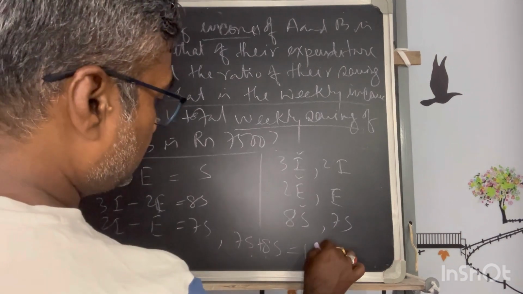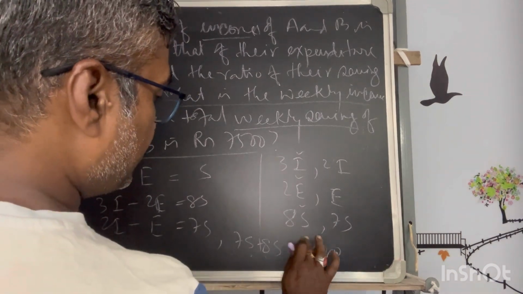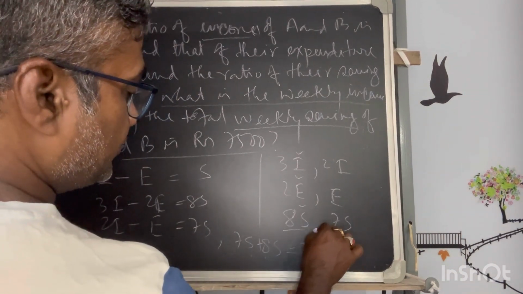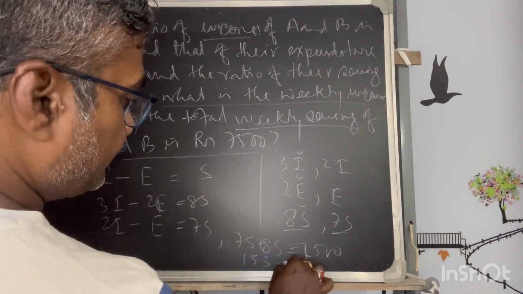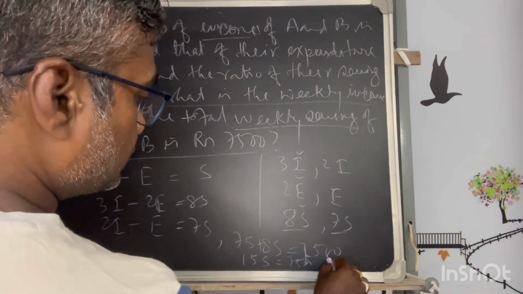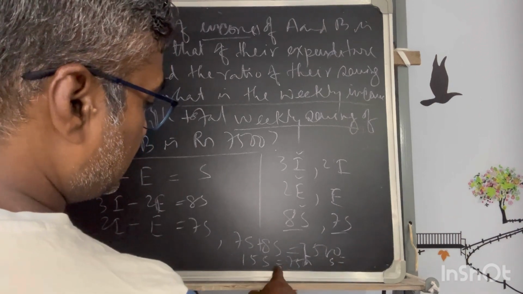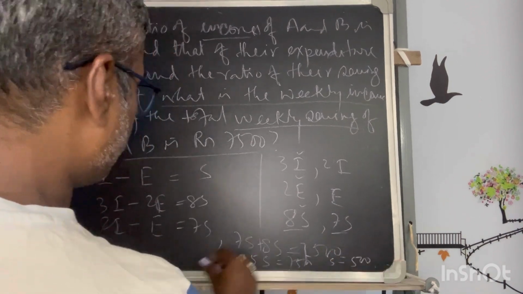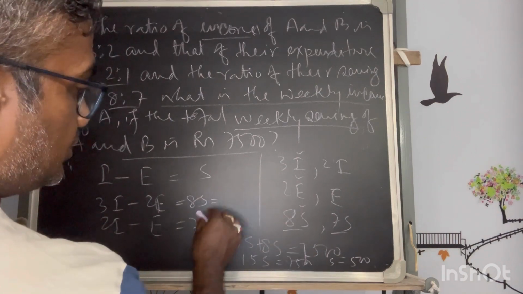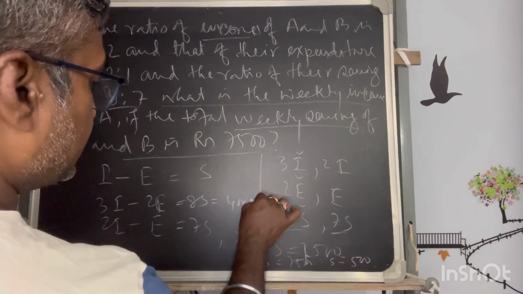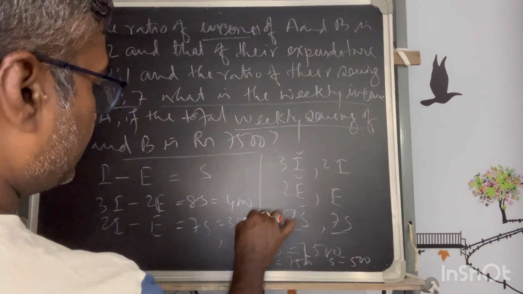So this is 15s, so 15s is equal to 7500. So what is your s? s is equal to 500. Once you get s, 8s is equal to 4000 here and 3500 here.